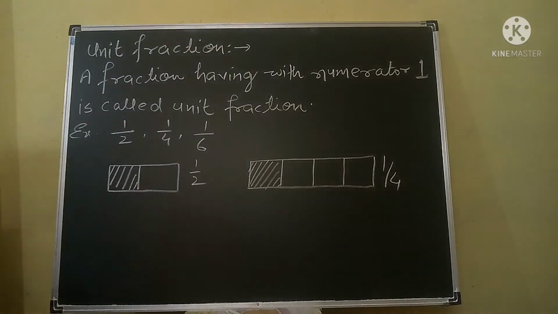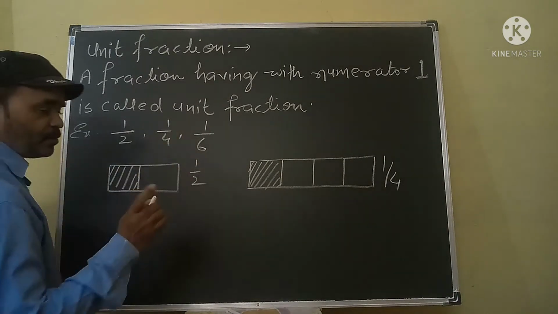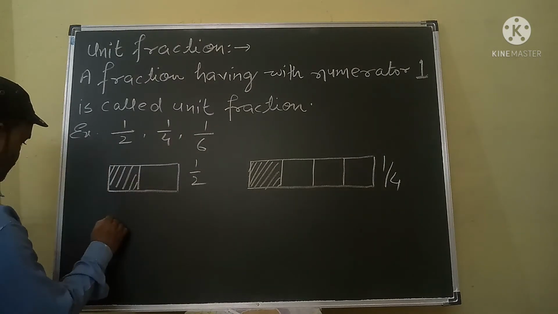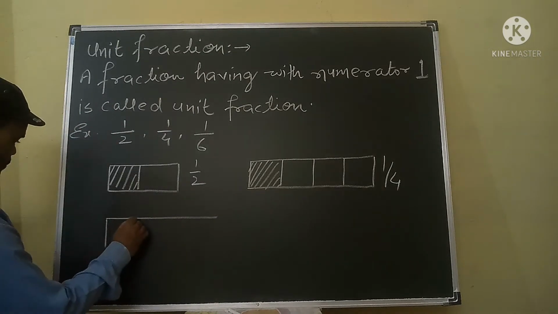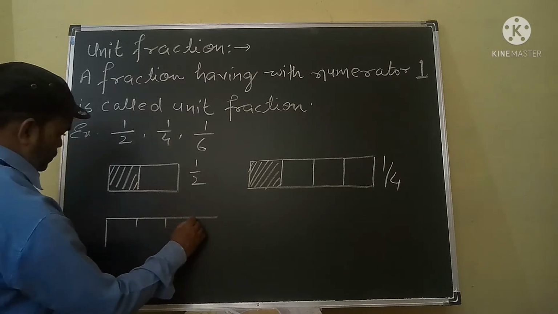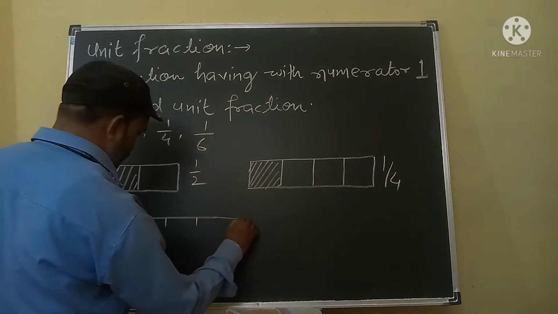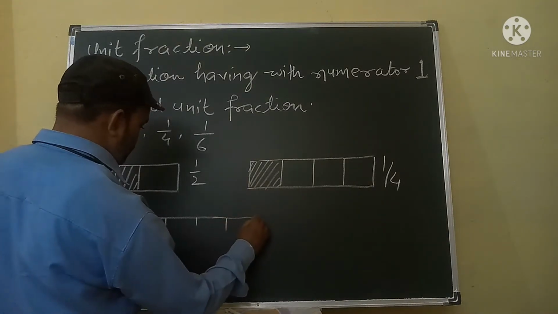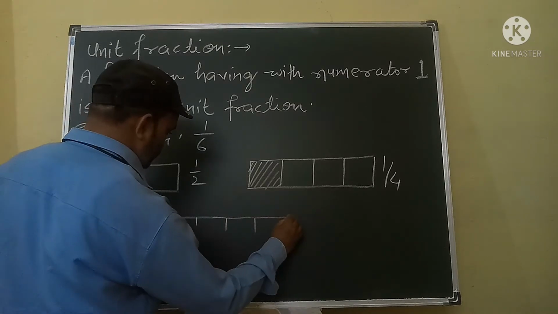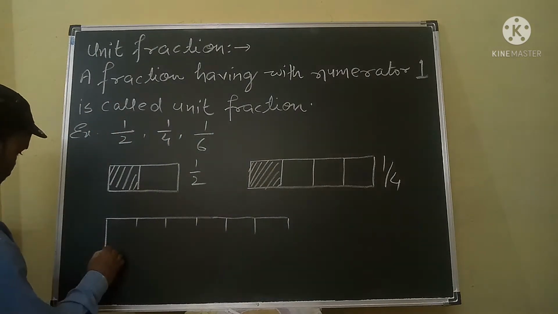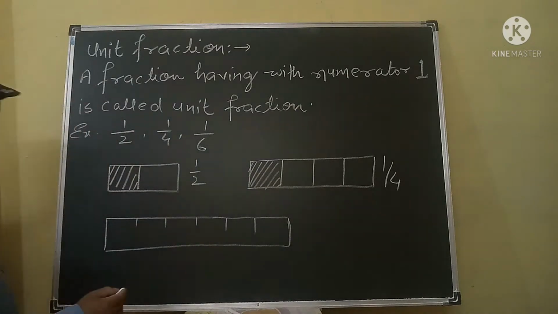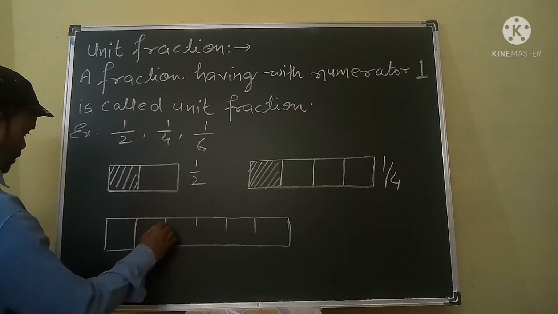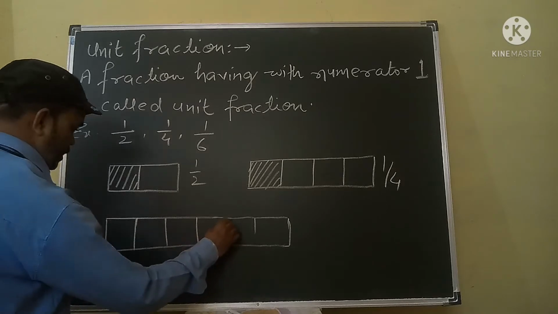Okay. Suppose this is 1 upon 6. Now look here. This is one big block, and this big block is divided into 6 equal parts.